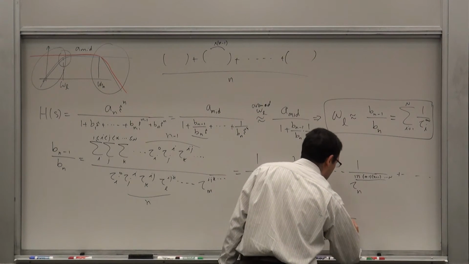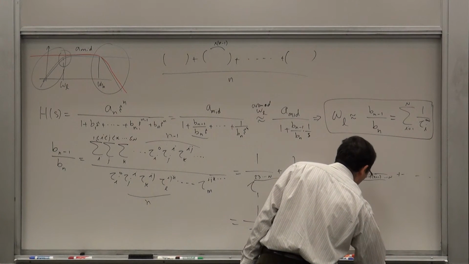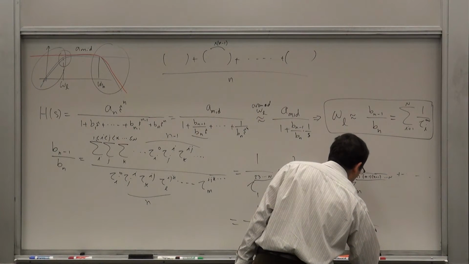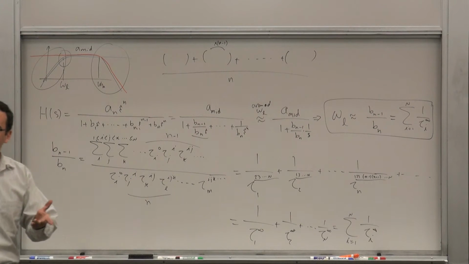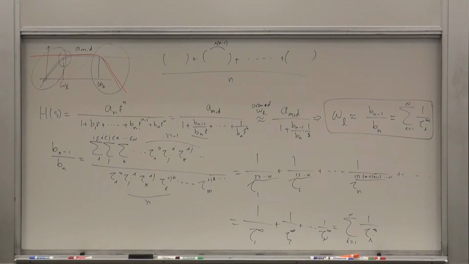So it becomes basically the sum of 1 over tau i infinity, i equals 1 to n. So it's a time constant associated with element i when all the other elements are infinite value this time. It's kind of the opposite of the 0 value time constant. Okay?